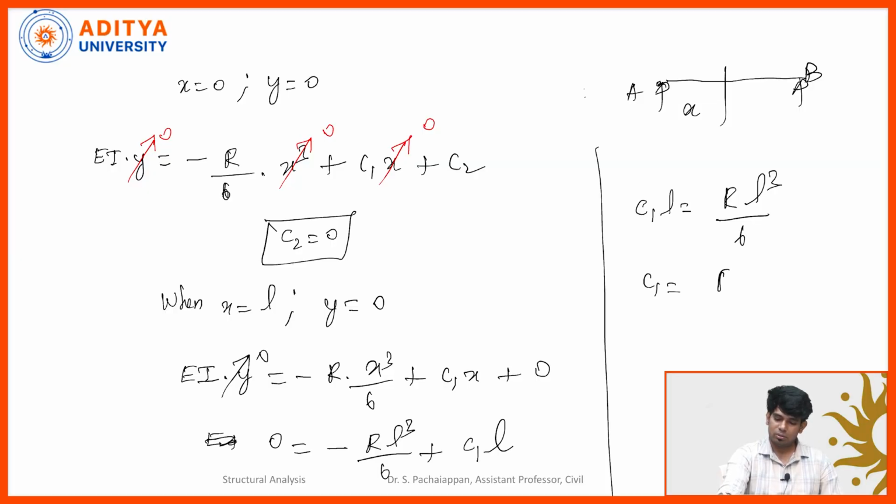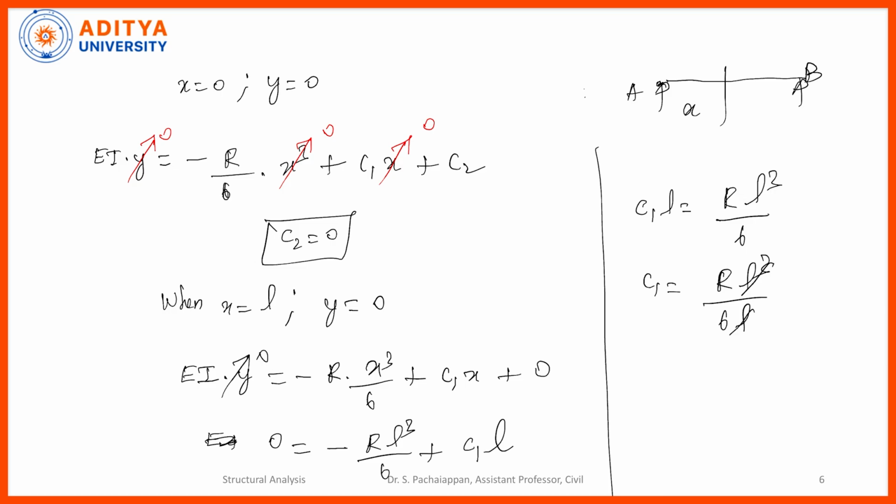C1 is equal to RL cube by 6L. If you cancel it, we will be getting C1 is equal to RL square by 6. So already we got the C2 value, that is 0, and C1 we got RL square by 6.